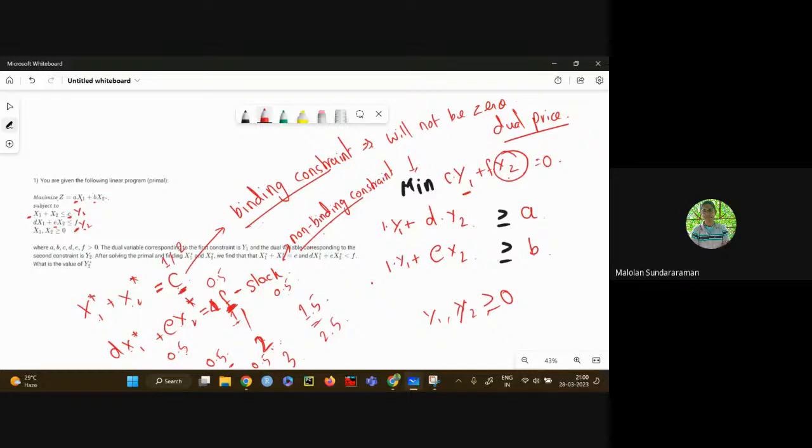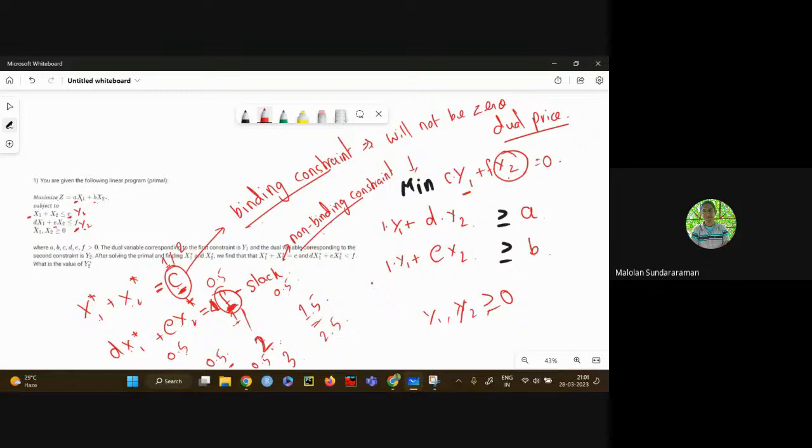Which actually brings me to the second topic. To see what level of change F and C can have, and what levels of change the coefficients A and B can have, those studies are known as sensitivity analysis, where I see the range of feasibility if I change the RHS value, up to a point where my solution does not change.